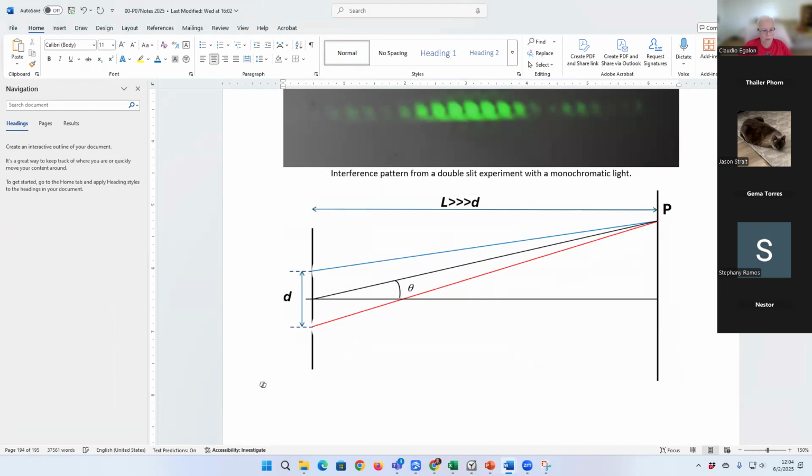Consider the above illustration. A laser beam illuminates a double slit from the left.